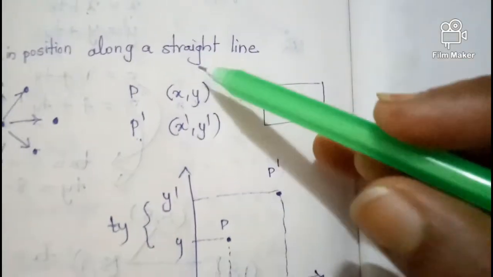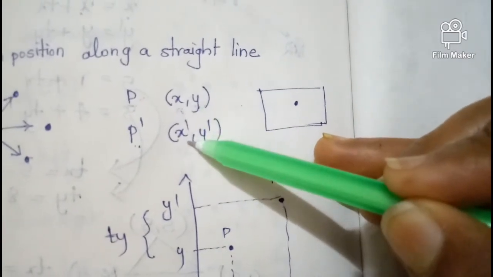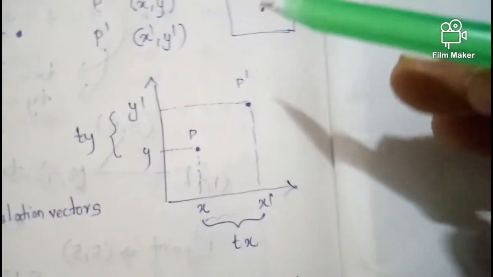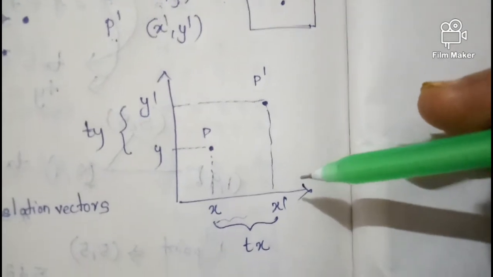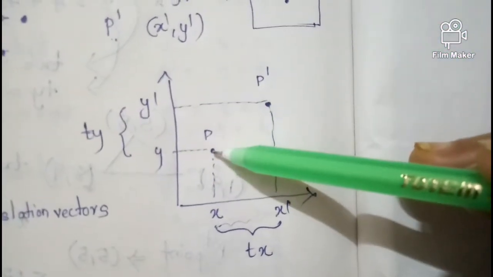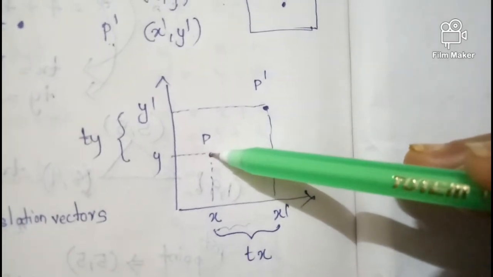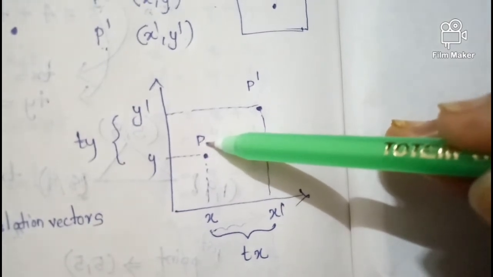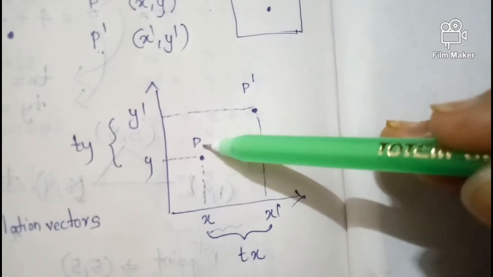Okay, now let us see how from x we can reach x dash and from y how we can reach y dash. Let us see this picture. Let this be the original position. The object was initially at this position. Since this is represented as point P, this P has two arguments x and y.